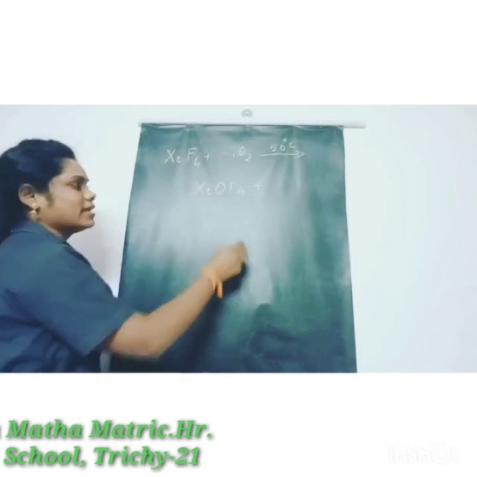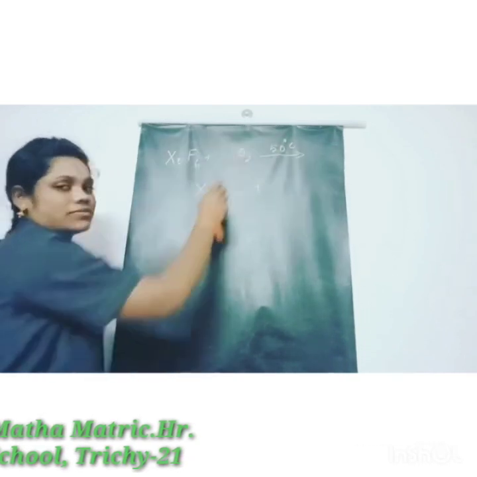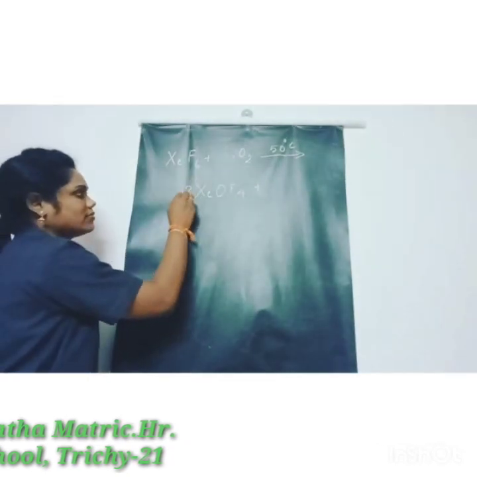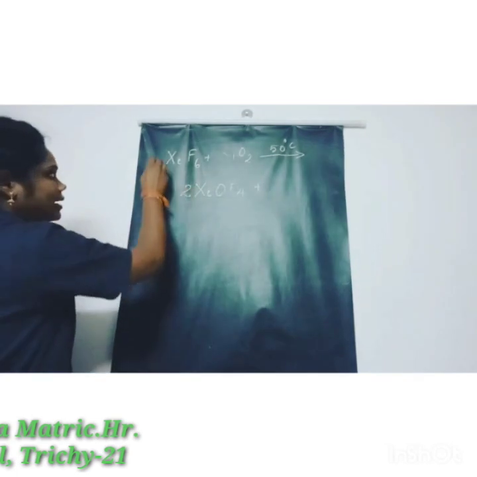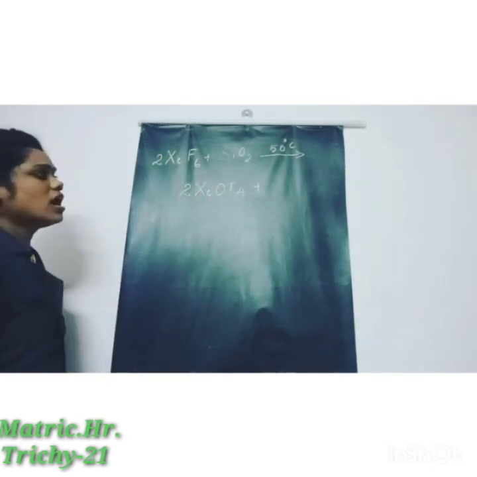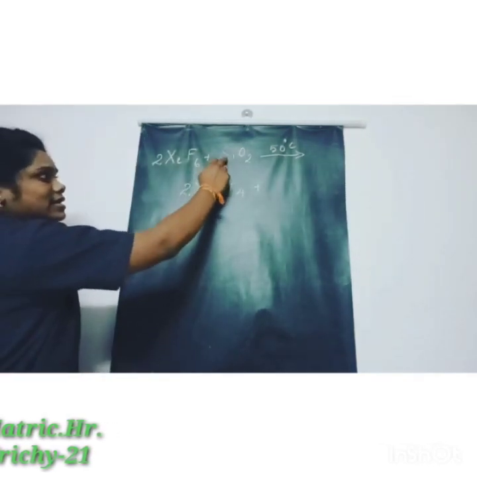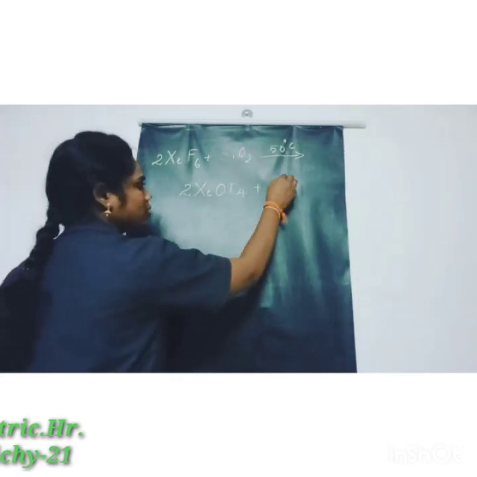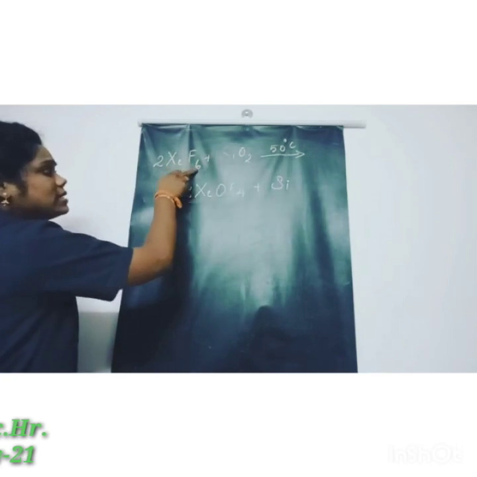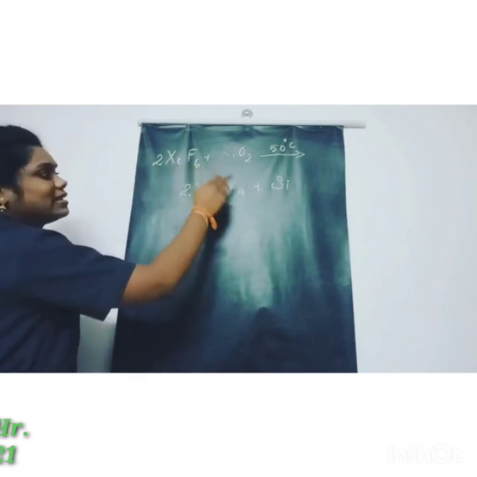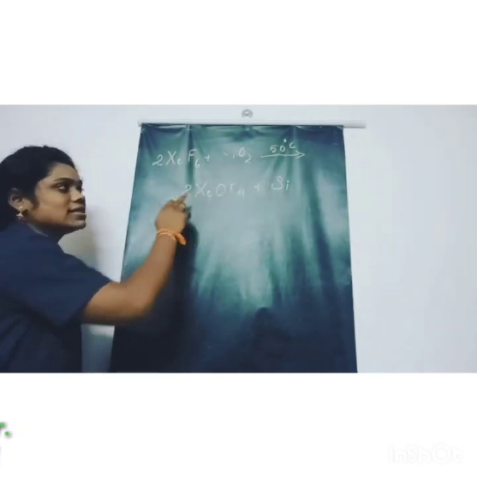Plus what is remaining? So here you take 2 times of oxygen. So now xenon also 2 times. So here xenon is 2 times. Okay. So what is remaining here? Here silicon is remaining. So silicon plus here fluorine is 6 2s are 12. But here fluorine is 4 2s are 8.